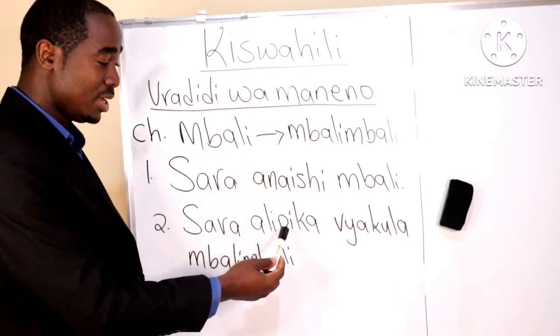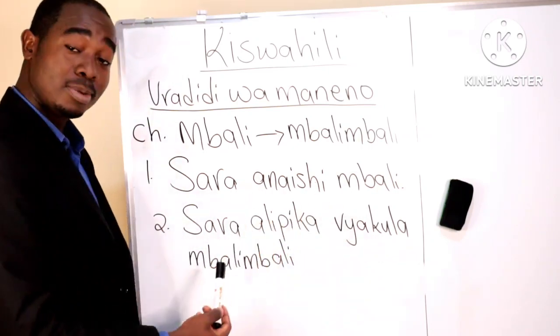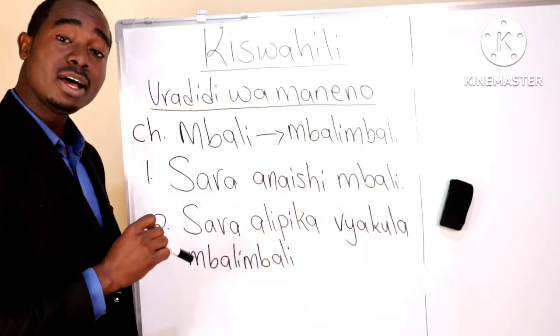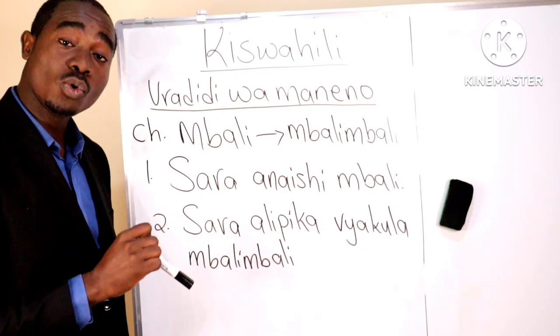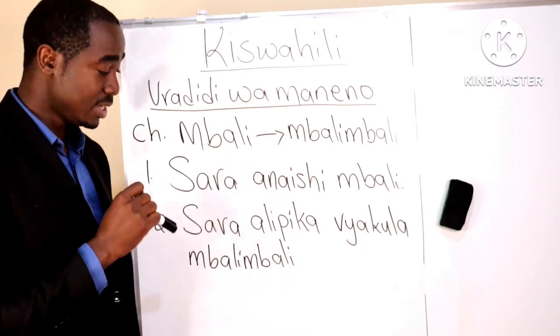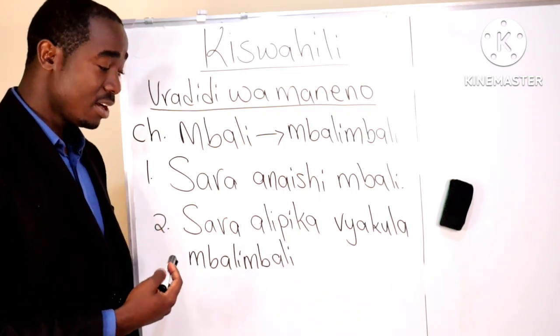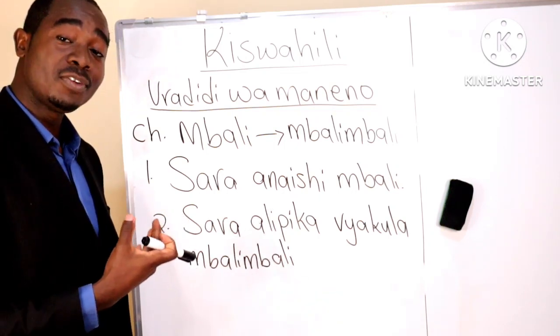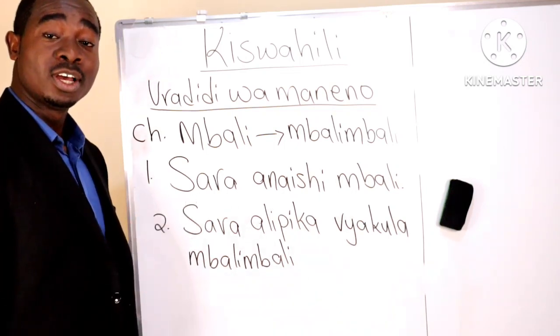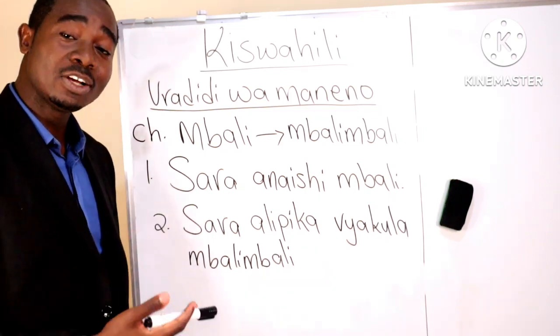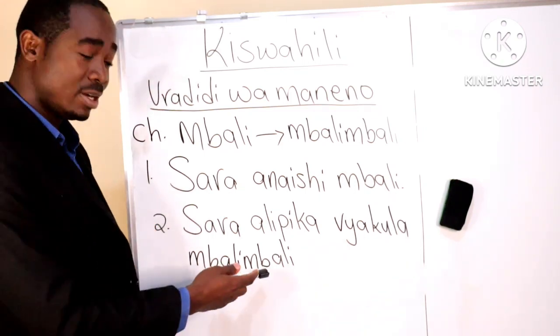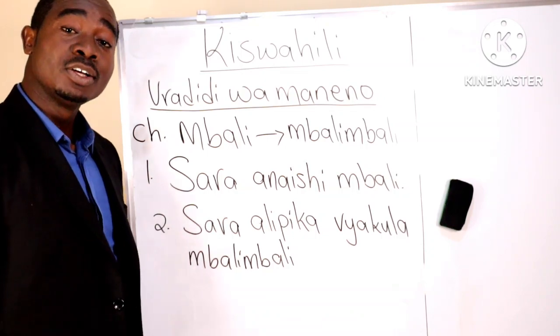Sarah alipika vyakula mbalimbali. Sarah cooked different kinds of food. So when you want to say variety or different kinds, use the word mbalimbali. Sawa?